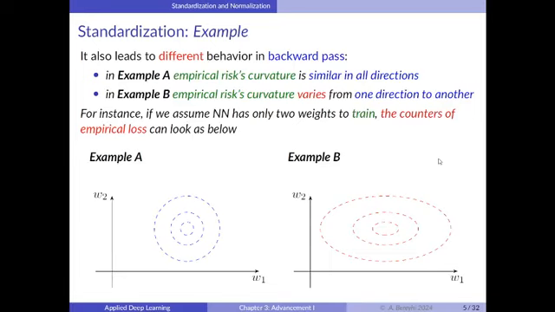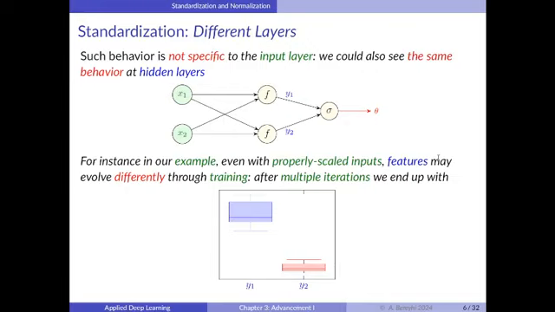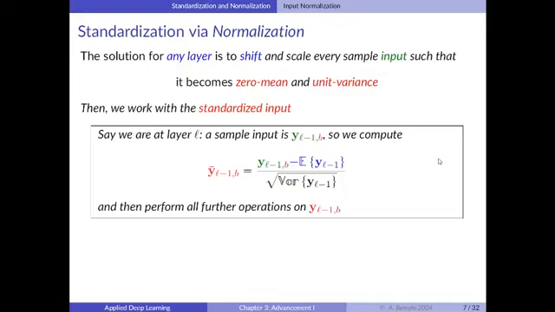As you can see, in example A the distributions are the same, but in example B the empirical risk curvature varies in direction W1, which is the x-axis, compared with W2, which is the y-axis. We can scale them.